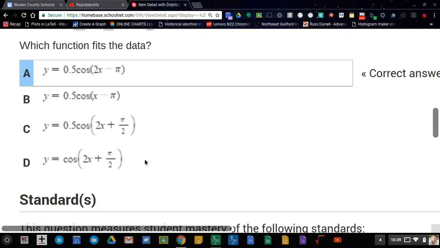Sorry about that. And then I've got 0.5 times the cosine of 2x plus pi over 2.